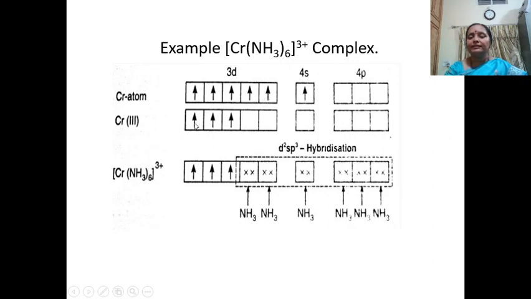So in its ionic form, I have only 3 unpaired electrons. Here the 6 ammonia molecules having a lone pair of electrons are going to overlap on the hybrid orbitals of the chromium atom, forming the complex, and it is going to have an octahedral shape, and as it has 3 unpaired electrons, it is paramagnetic in nature.